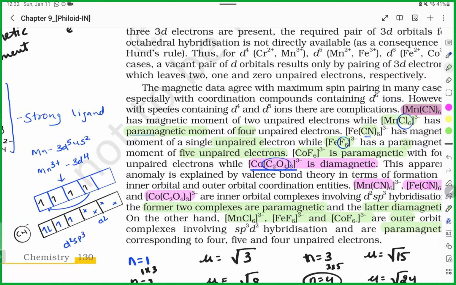So it was correct. Here you have 2 unpaired electrons. But because even I made a mistake, I'll mark this separately, 2 unpaired electrons. Even in the future, if I feel I made a mistake somewhere, I will correct it.